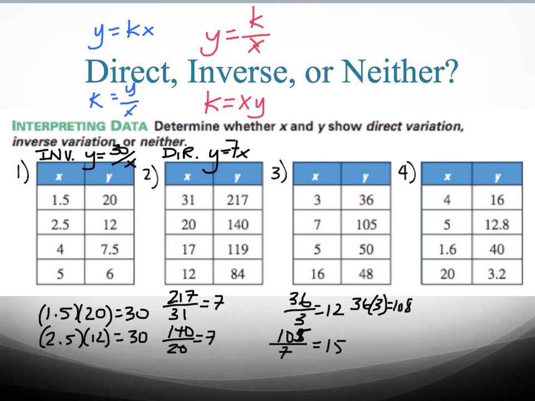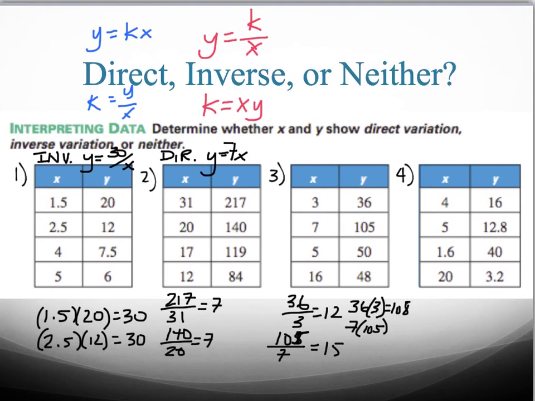But 7 times 105 is definitely not 108. So that means the ratio wasn't constant, and the product was not constant because that was not 108. So this one is a neither. Neither. All right, last one.